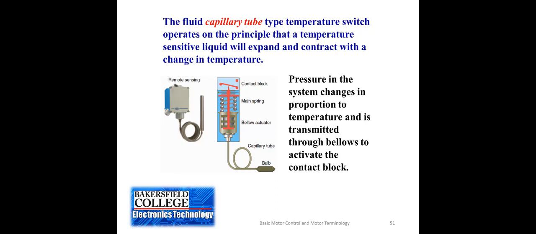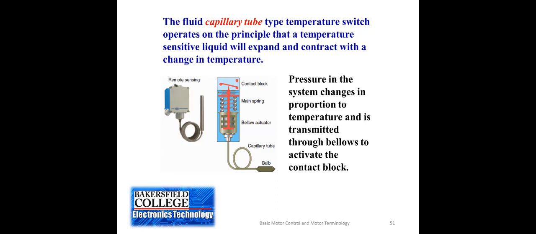One of the chemicals was alcohol, but they have a mixture of materials that work really well in these devices now. Because the capillary tube cannot expand, and the end of the capillary tube, called the bulb, that comes in contact with whatever we're trying to measure the temperature of, that doesn't expand either.